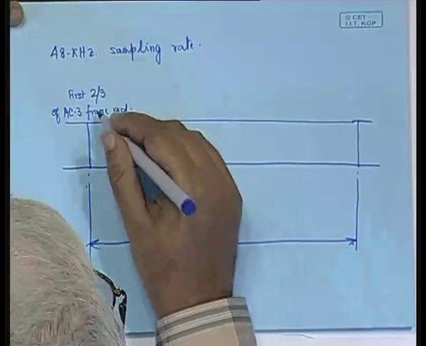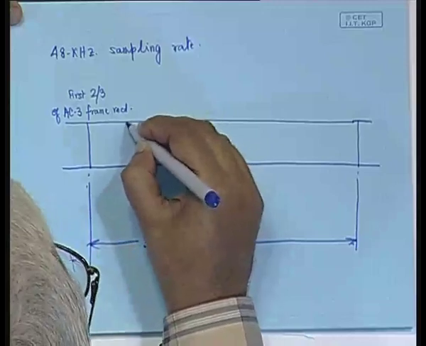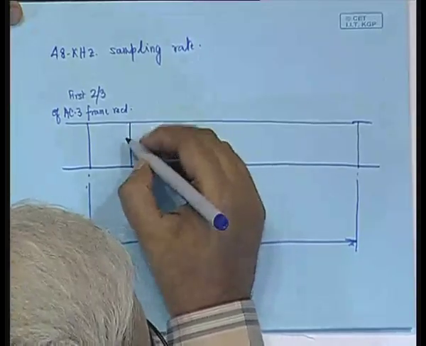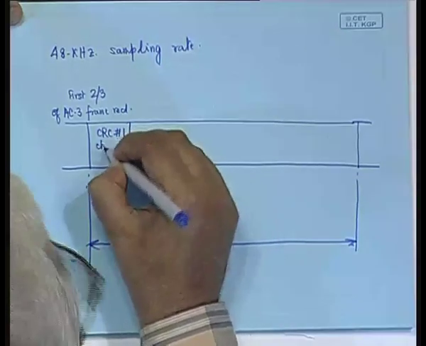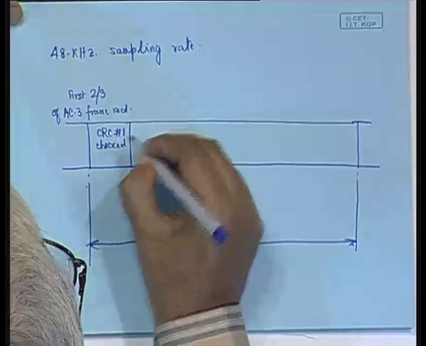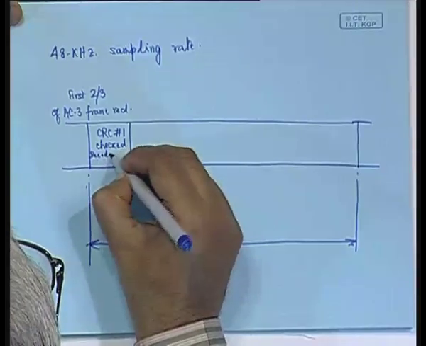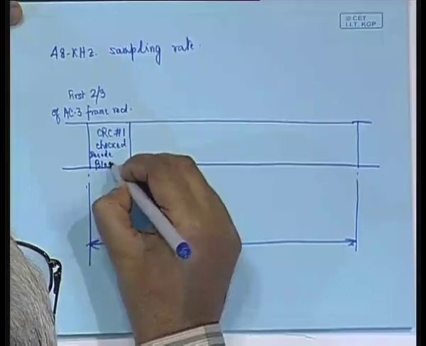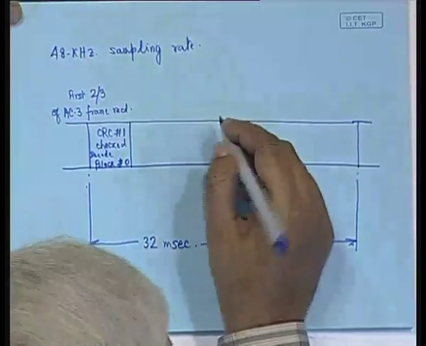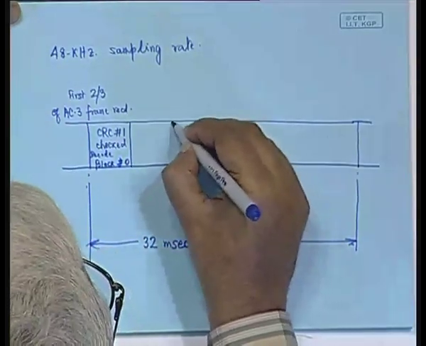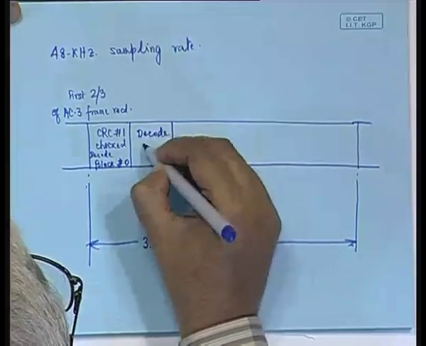Now, after the first 2/3 of the AC3 frame is received, we do the CRC check number 1. So CRC number 1 is checked, and also block 0 is decoded. Then next we decode block 1.